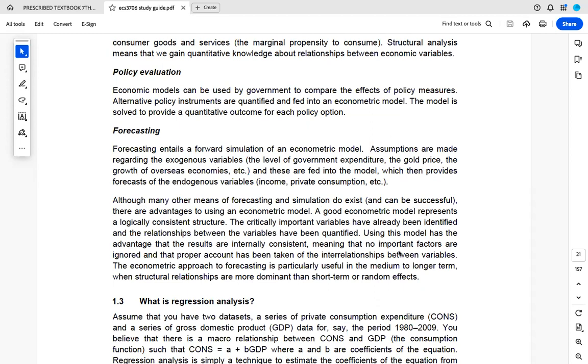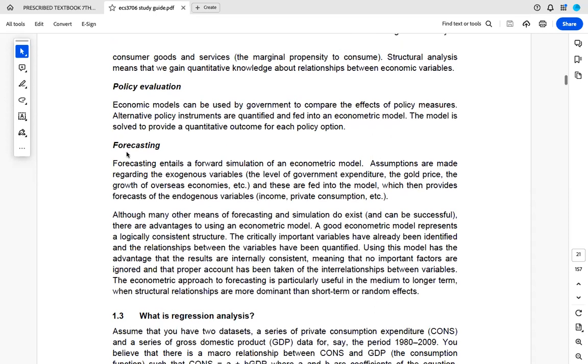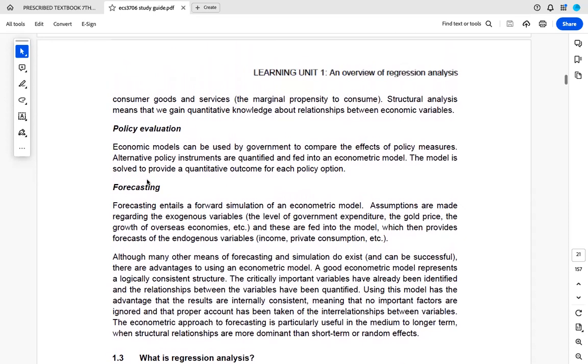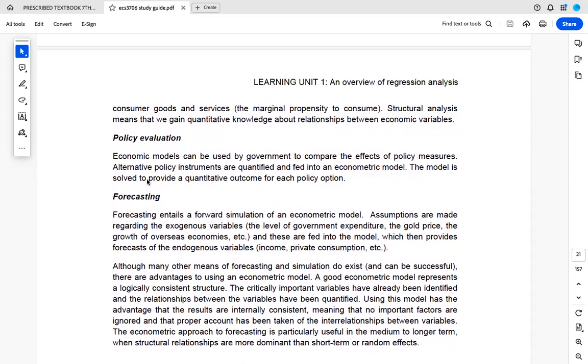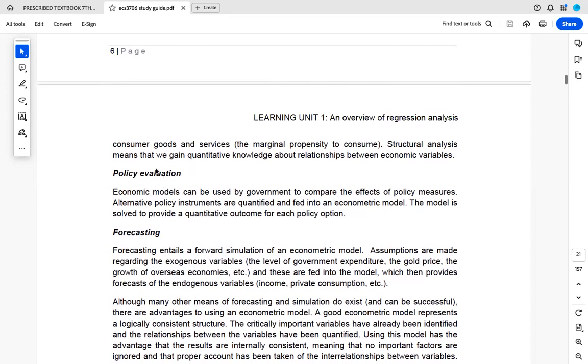But we always know that the past is not a 100% guide for the future. But one of the important functions of econometrics is to help us forecast based on our econometric model. We also use econometric models to help us with policy evaluations, right?